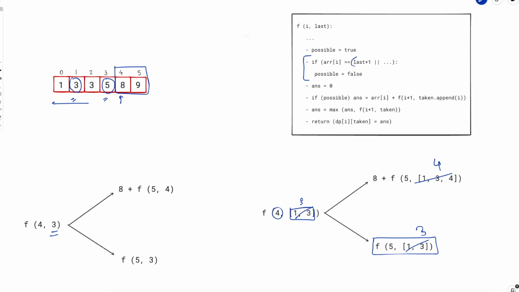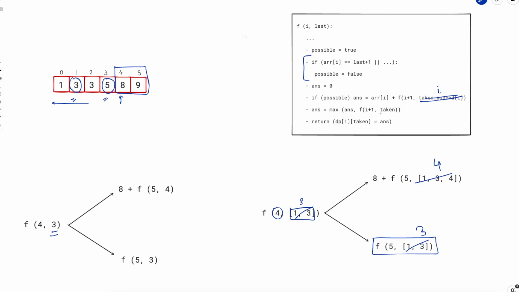And notice we don't need minus 1 here or minus 2 here, we just need plus 1 because we know all the further elements will be greater than or equal to the previous elements that we have taken, right? And in the append, this would simply be I, because I is the last element that you have taken, right?